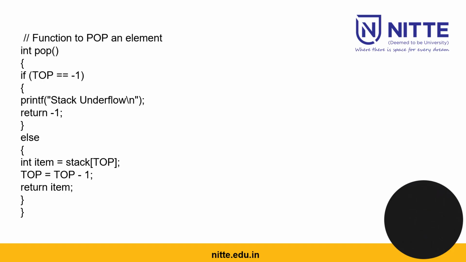What are these statements in the else part? First, int item = stack[top]. That means whatever element is at the top of the stack will be assigned to item. So item contains the top element of the stack. Once we assign the top element to item, we then decrement the top by 1.